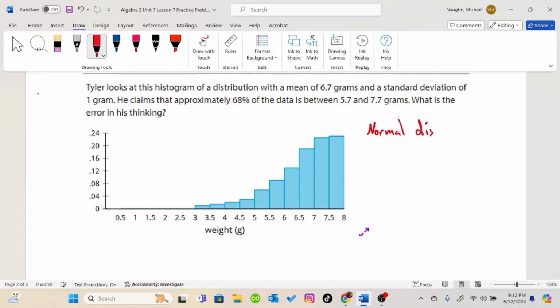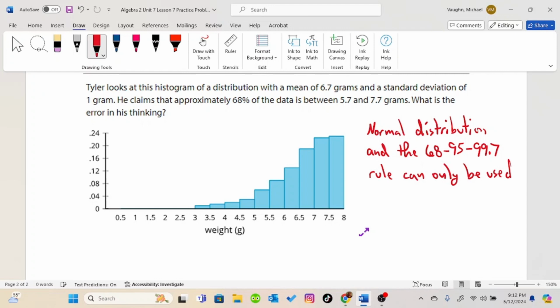Normal distribution and the 68, 95, 99.7 rule can only be used with symmetrical bell-shaped data.